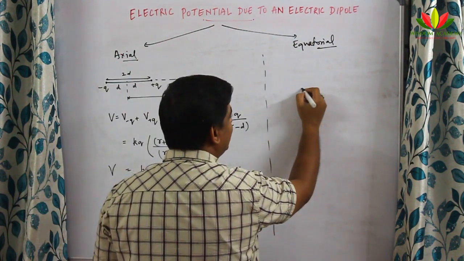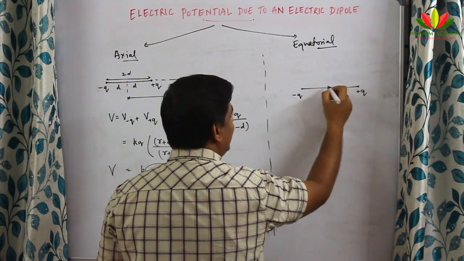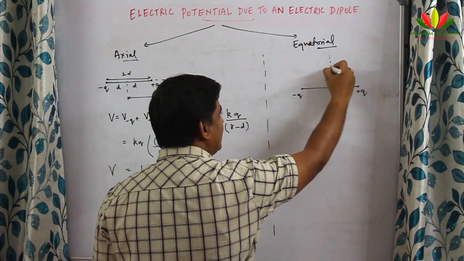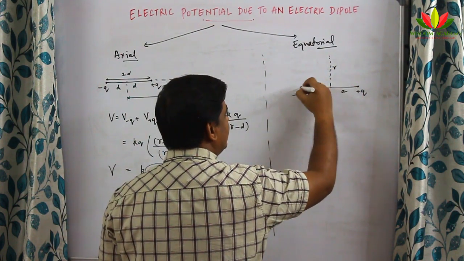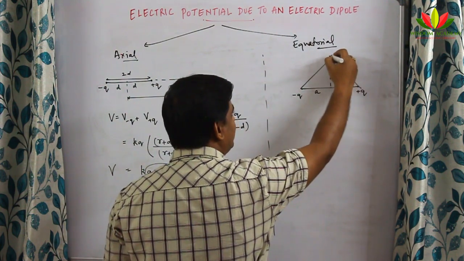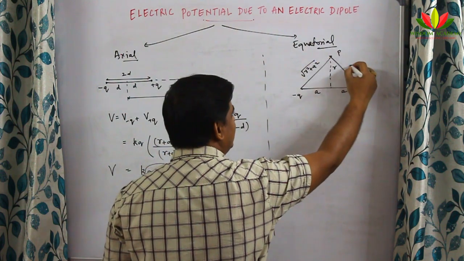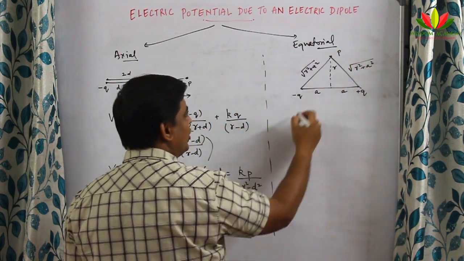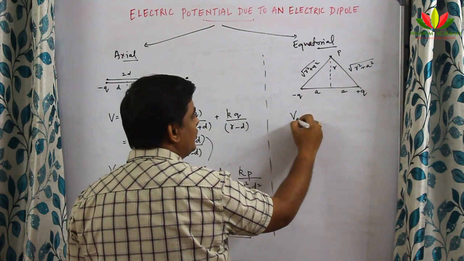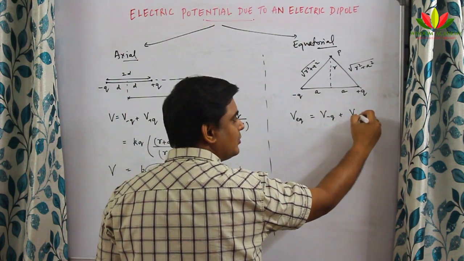The dipole is kept like this, minus q and plus q, and from the perpendicular bisector let this point be taken as r, this is d, and at this point P the distance will be root over r square plus d square, and this will also be root over r square plus d square. I'm going to find the electric potential at P. In the same way, V at the equatorial point will be equal to V of minus q plus V of plus q.